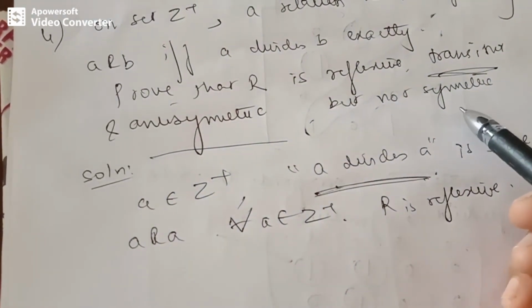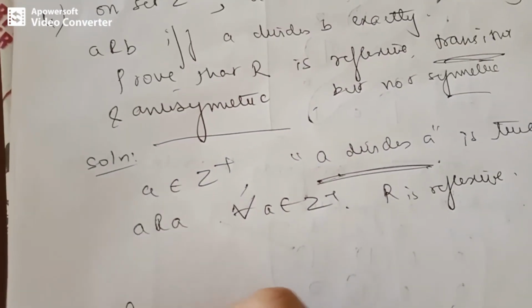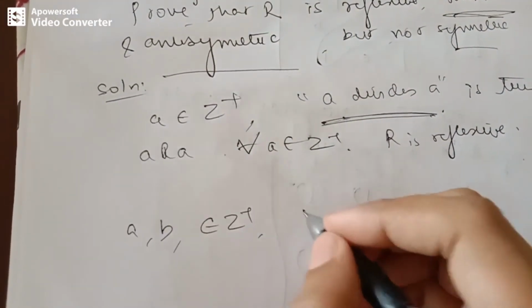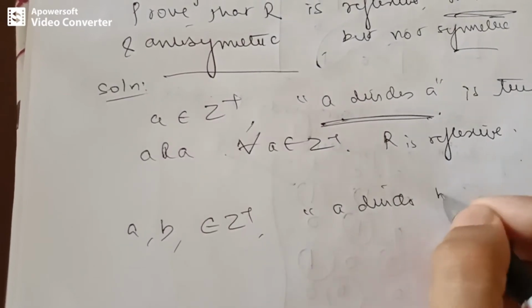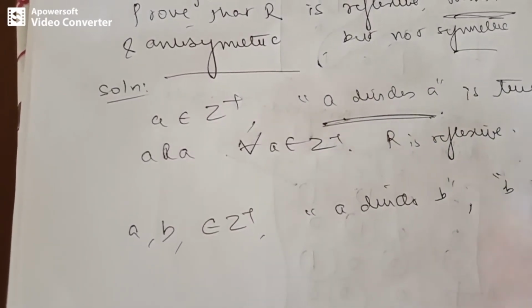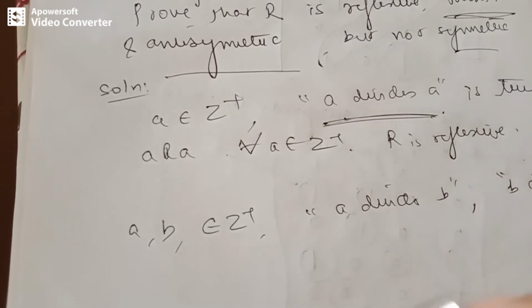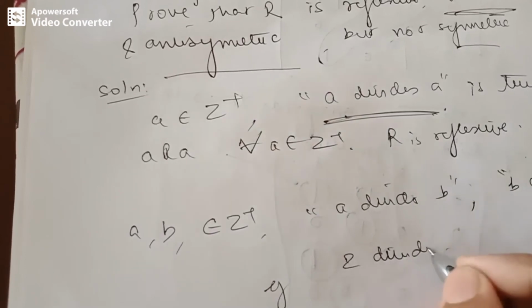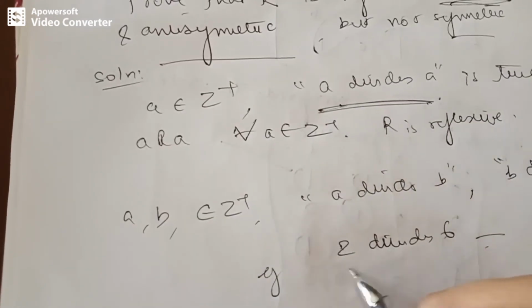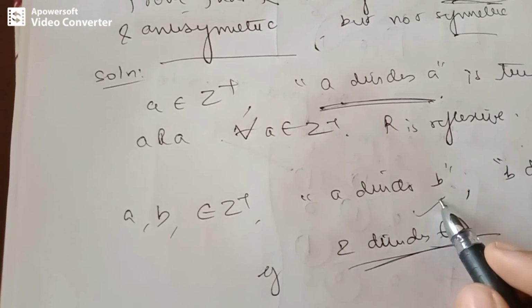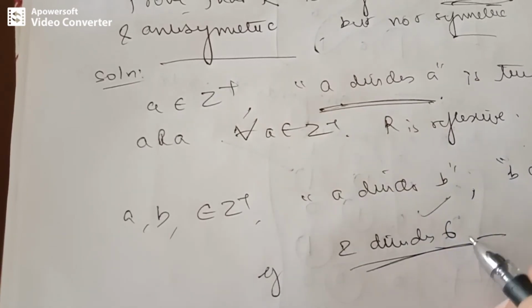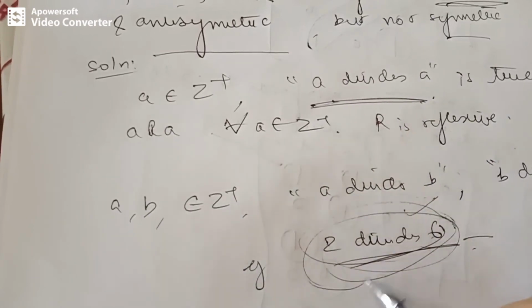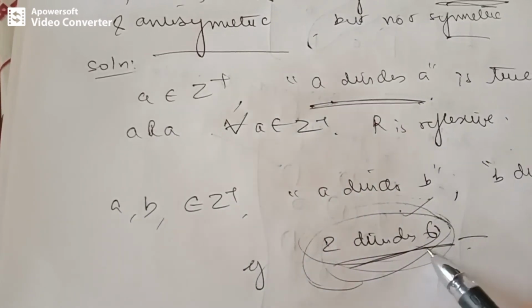Next, we need to check the transitive property, antisymmetric and not symmetric. Let's start with any two numbers a, b belongs to Z plus. If I say a divides b, does it really mean that b should divide a? No. For example, 2 divides 6. Yes, 2 divides 6, with quotient 3 and remainder 0, so we do not have any remainder.